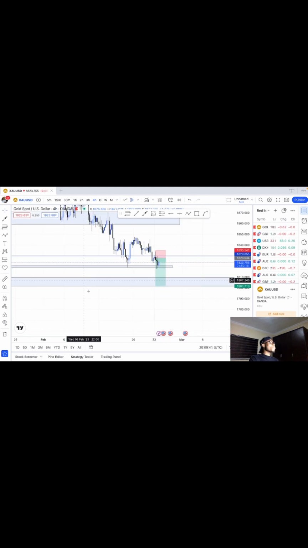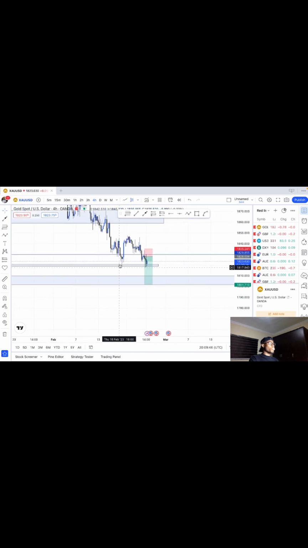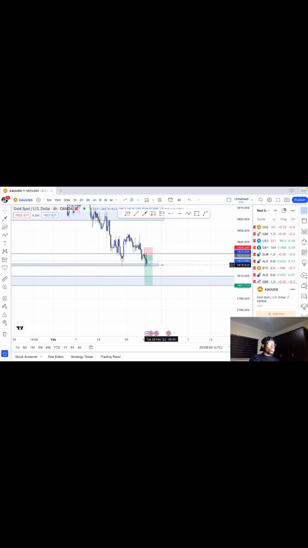So if you can be patient enough, wait for gold to break this 1.820 zone. If gold can break this 1.820 zone, you are free to trade gold for a short, and it will obviously go to 1.801.